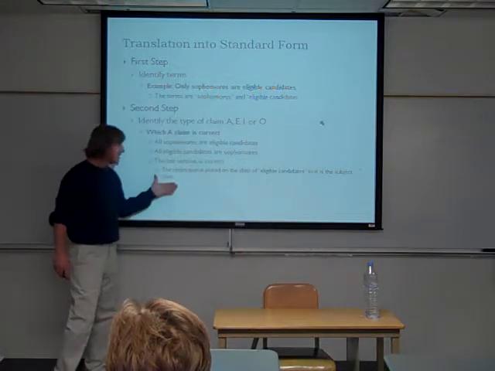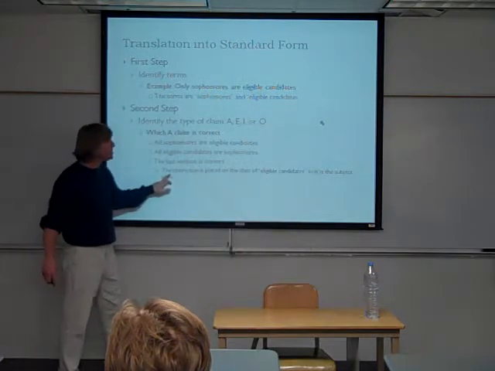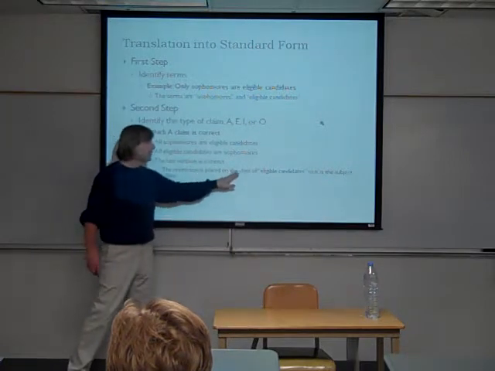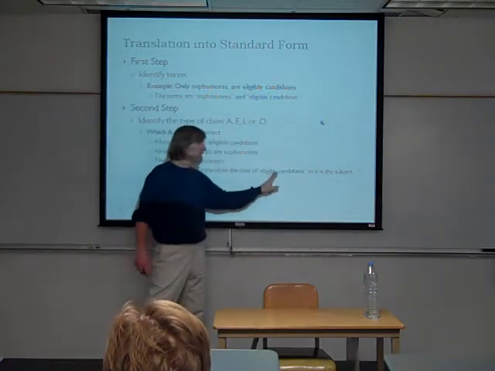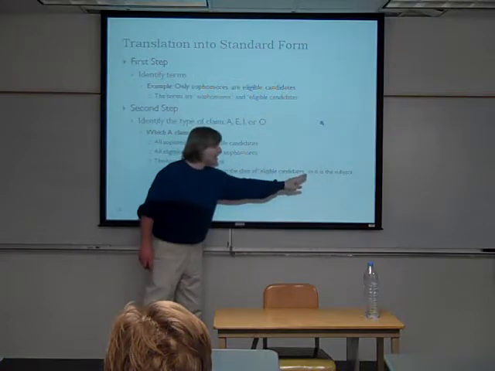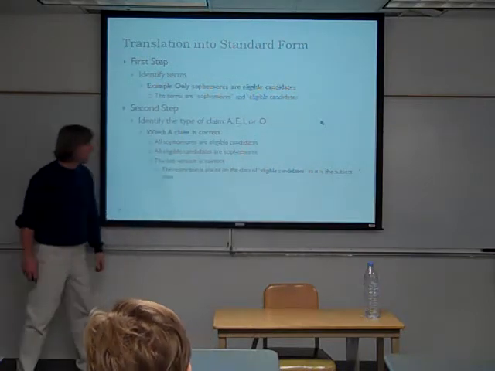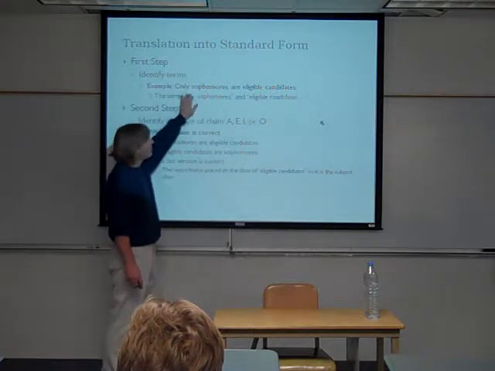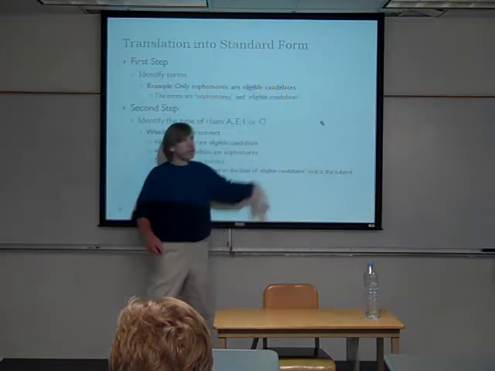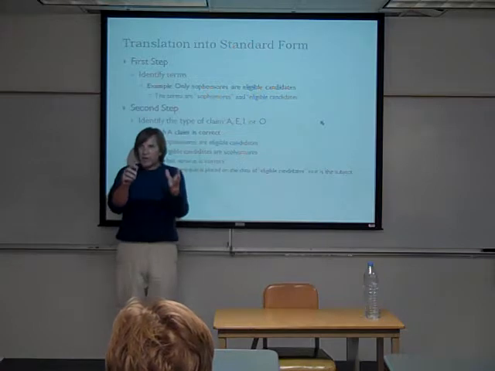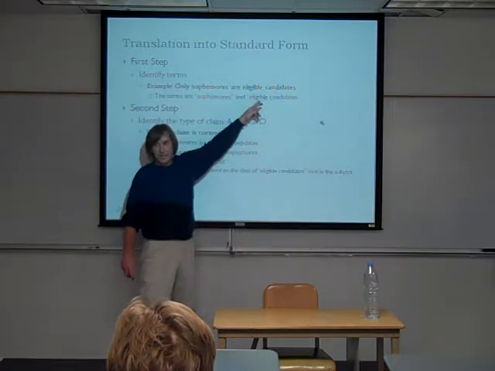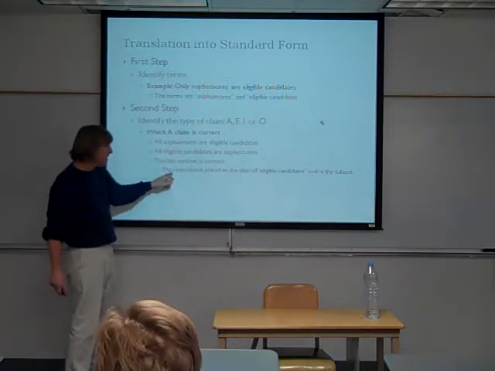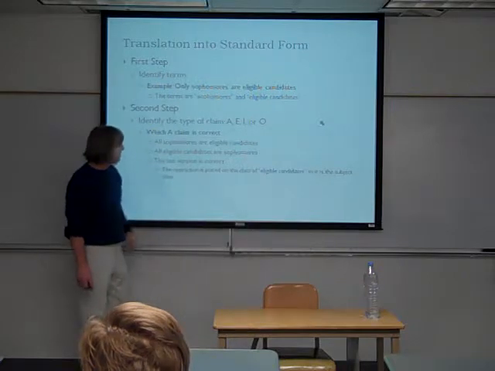Now here's the key. The restriction is placed on the class of eligible candidates. So it is the subject class. And now think about this. Only sophomores are eligible candidates. So you're limiting the number of eligible candidates. Well, if that's the one that you're limiting, then that needs to be the subject class.